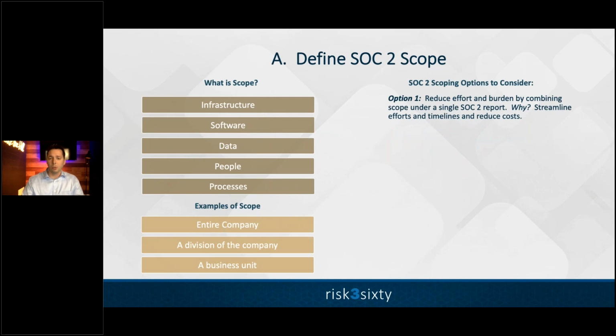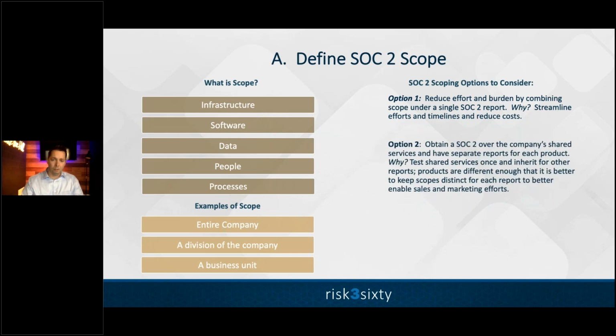So in option 1, you might try to reduce effort and burden by combining all scopes under a single SOC 2 report. That is sometimes helpful because it does streamline effort and timeline, and you're only testing everything once across the scope. So sometimes that is a little bit easier to manage, but sometimes that's not a good fit. And sometimes a better fit, based on the different use cases of the report or the different ways that the company wants to go to market with the report, is to have distinct ones based on products.